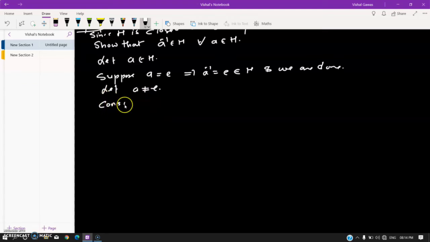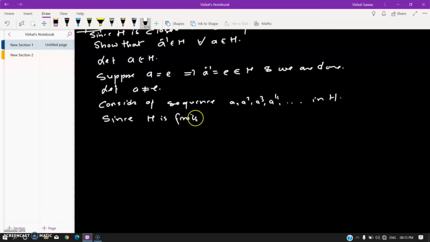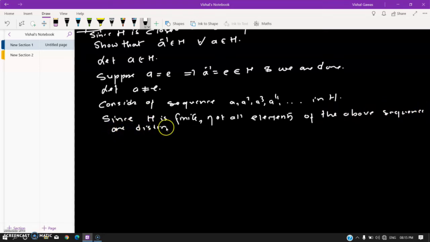So consider a sequence A, A squared, A cubed, A to the power 4, and so on, in H. Since H is finite, not all elements of the above sequence are distinct. This sequence cannot go on in H, because H itself is finite.